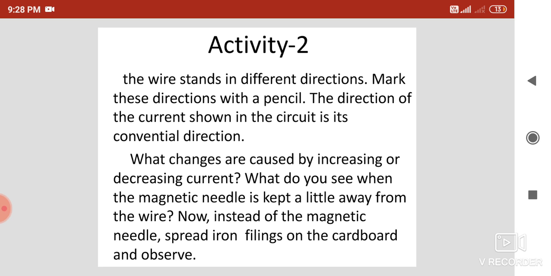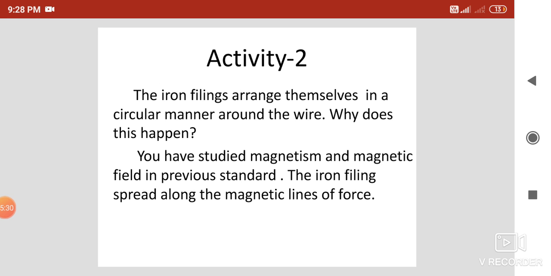Now, instead of the magnetic needle, you can spread iron filings on the cardboard and observe what happens to those iron filings. You will find that when current passes through the wire, the iron filings arrange themselves around the wire, and it seems to be a concentric circle.